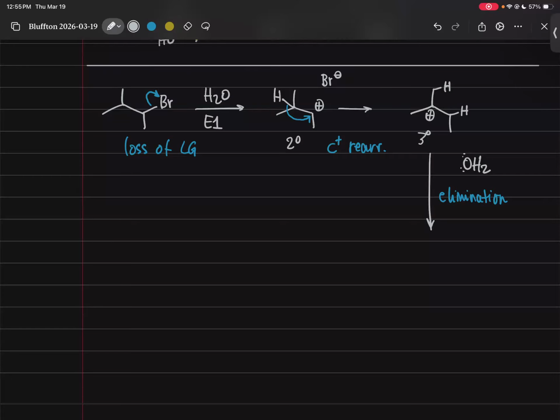Is that the top or bottom hydrogen? This hydrogen is attached to a carbon with one substituent. This hydrogen is attached to a carbon with two substituents. So it's going to be the one on the bottom.